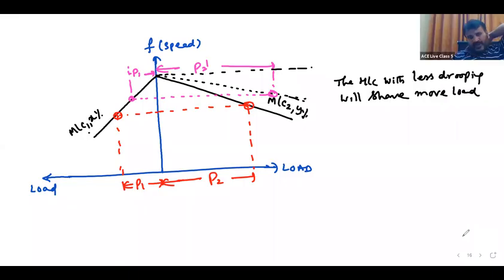No. Load increases in the sense that first we are increasing the prime mover input. That's the reason it is taking more load. Yes, sir. By that logic, when you are increasing the prime mover input, the speed of the first machine will increase. Yes. And since the second machine has much lesser load, its speed also will increase. So the overall speed is increasing and then the frequency should increase, no, sir?